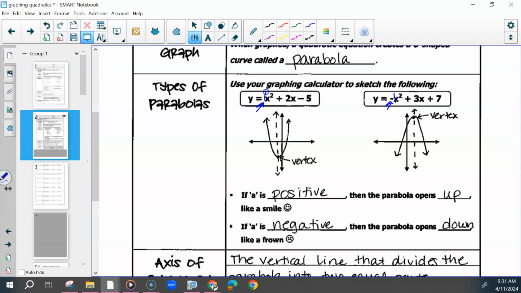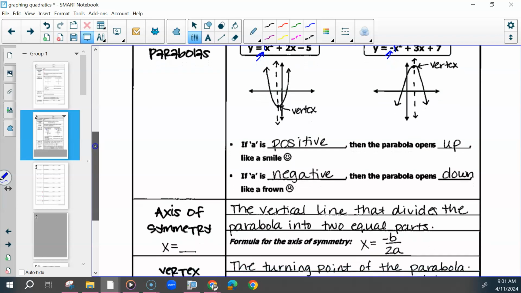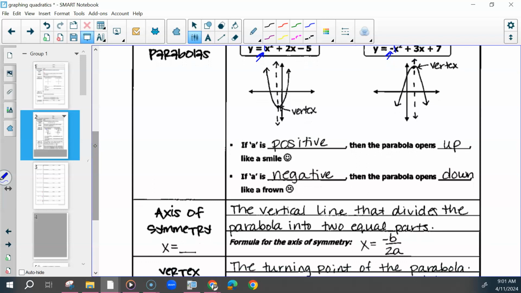If it's negative, it's going to face down. And then when we graph the parabola, it has an axis of symmetry. It's a vertical line that divides the parabola into two equal parts. So whatever you see on one side, it should match on the other. We don't actually see this when we graph quadratic parabolas, but as we're getting used to it, we will draw that in.